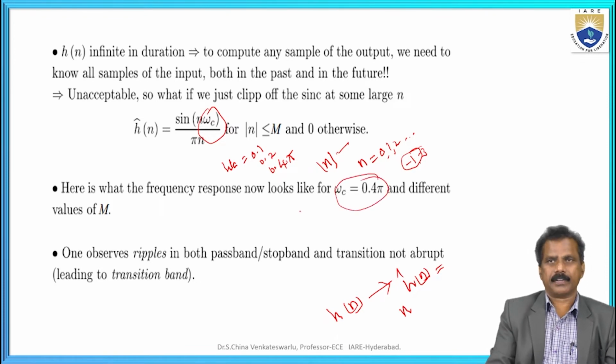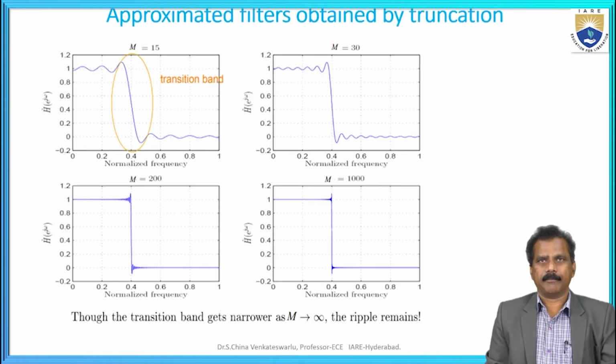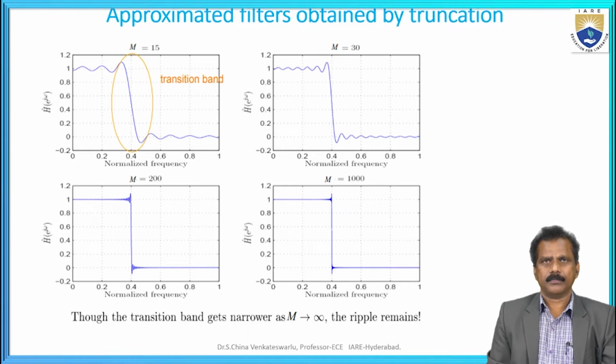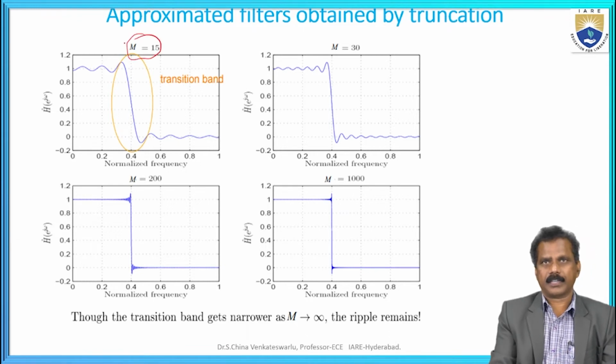This is the effect of the different values of capital M. There is an approximated filter obtained by truncation. Here there is a truncation, where M is specified as 15. How is it truncated? The transition band is shown with normalized frequency versus H of e power j omega.